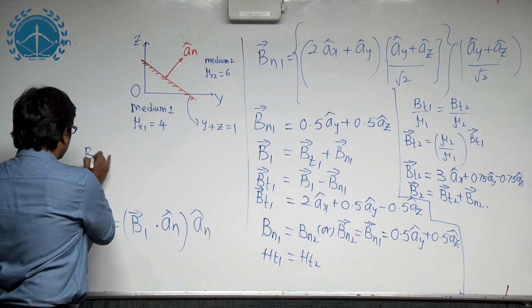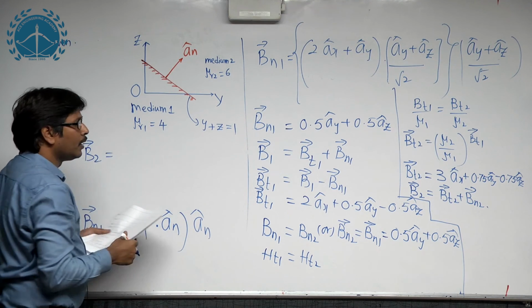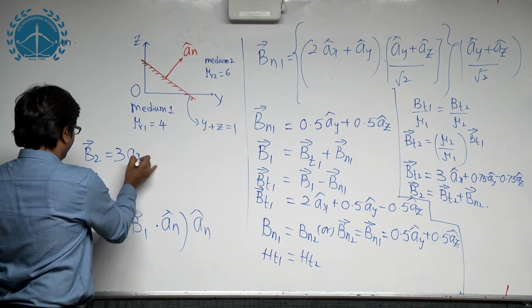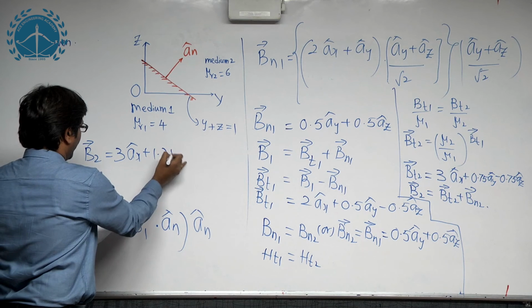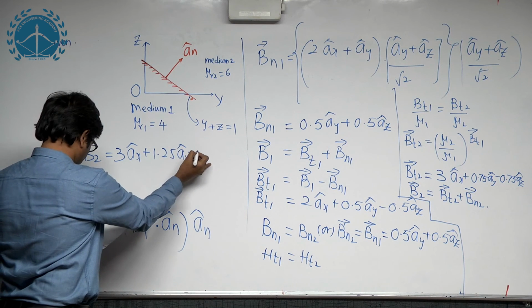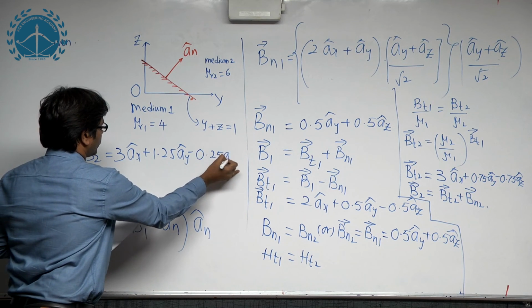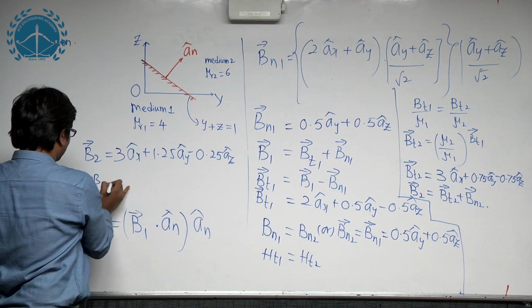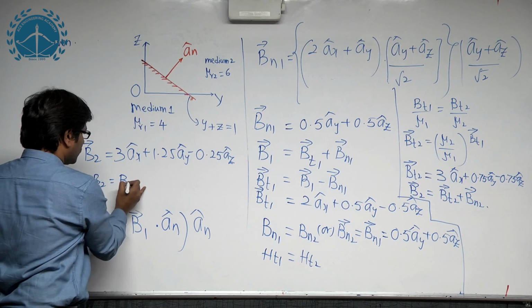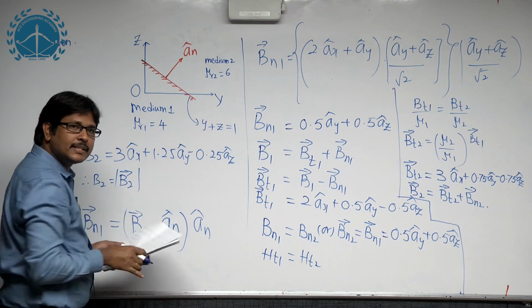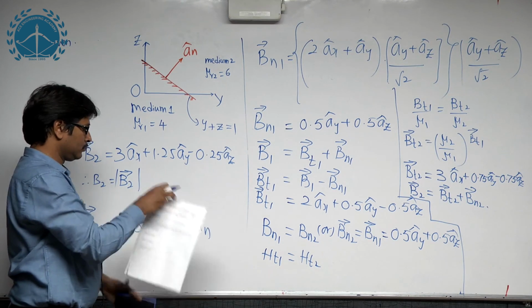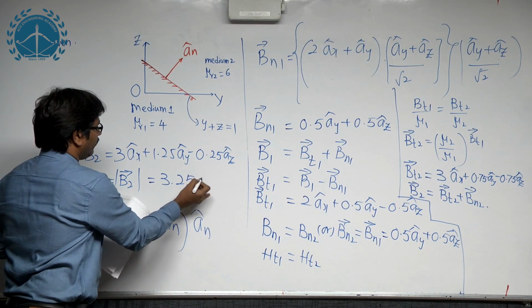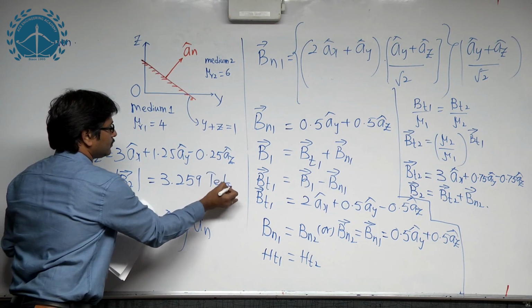By substituting Bt2 bar and Bn2 bar, we will get 3Ax cap plus 1.25 Ay cap minus 0.25 Az cap. Therefore the magnitude B2, the magnitude of flux density in region 2, will be around 3.259 Tesla. This is your answer.